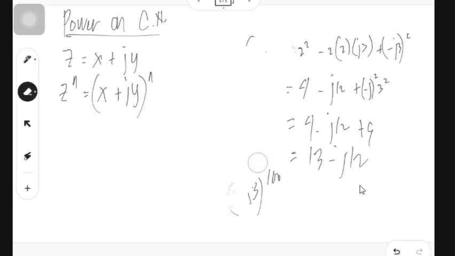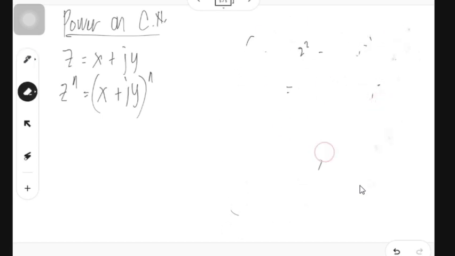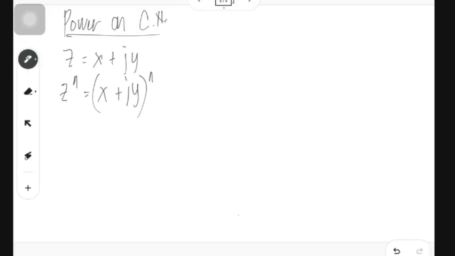Ganito ang gagawin natin. Convert rectangular to polar. Under the polar form, it will become r bar angle of theta, the quantity raised to n. But there are no mathematical properties that can be applied directly.